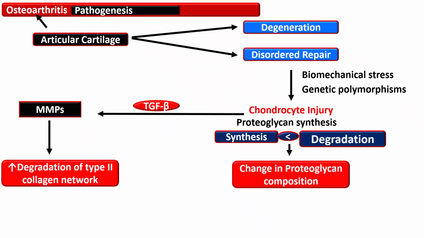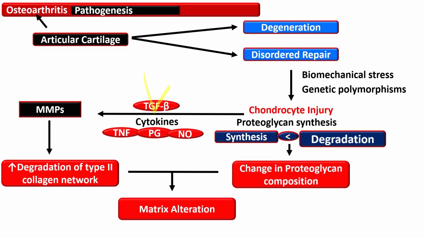Chondrocyte injury also leads to transforming growth factor beta secretion, and this beta mediates matrix metalloprotease secretion, so there is increased degradation of the type 2 collagen network.